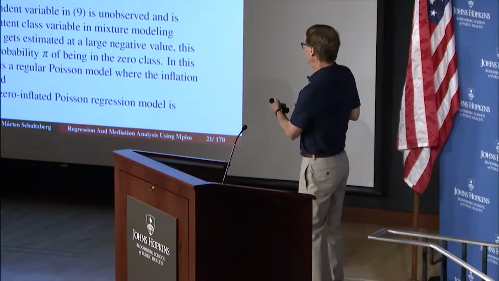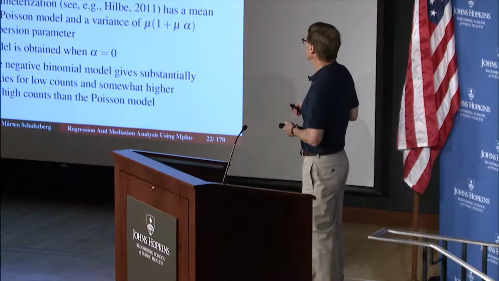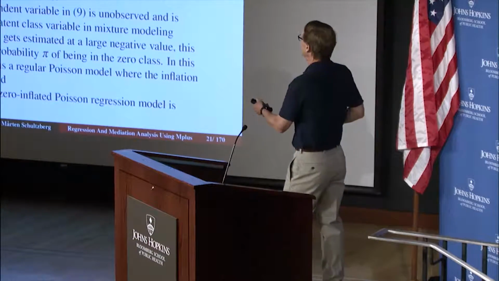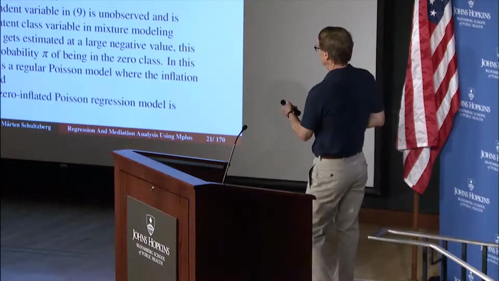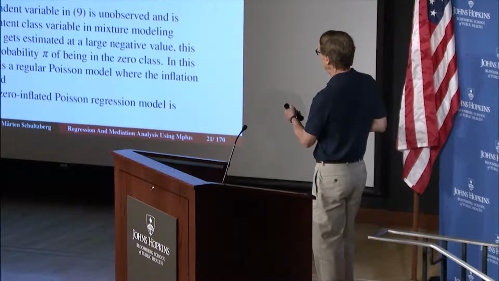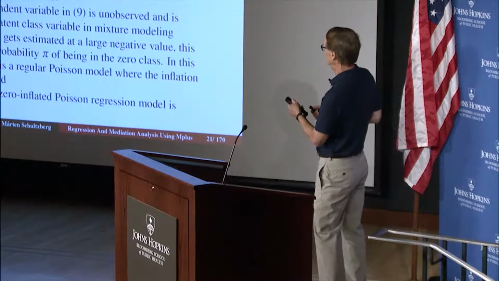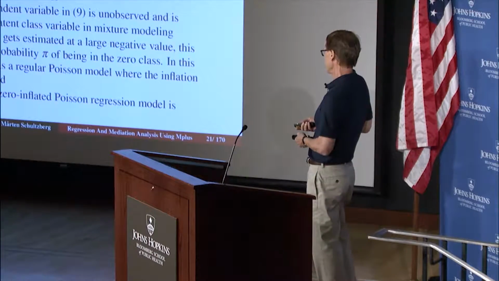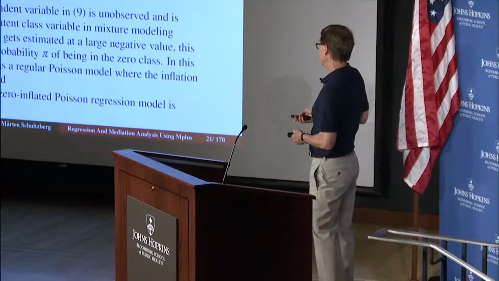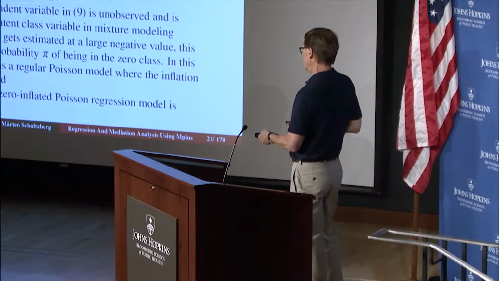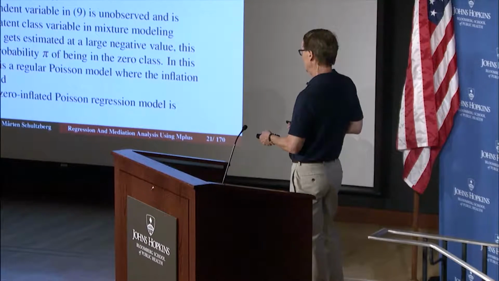So that's very useful, very flexible modeling here. You can learn much more about your data by having two slopes from these two equations due to the zero-inflated model. And the mean is then a little bit different than mu; it is mu times 1 minus pi.